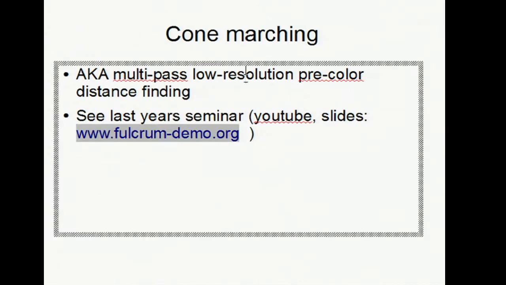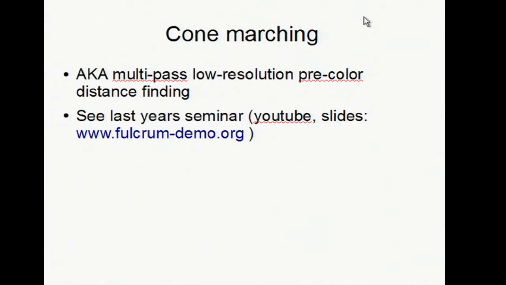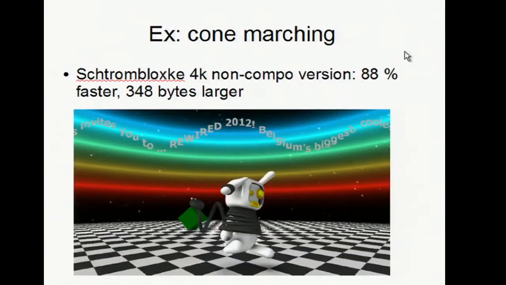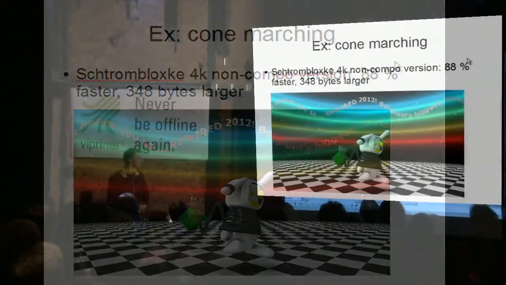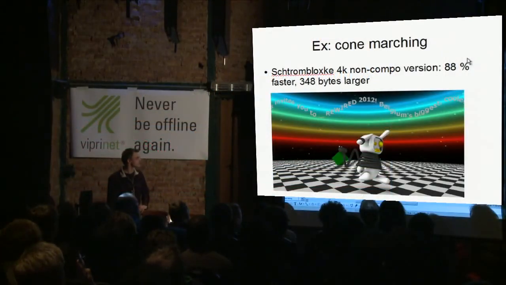My cone marching seminar from last year can be found on YouTube. There are slides. It's a kind of multi-pass, low-resolution pre-pass for distance finding. I made this invitation intro both in a 4K version and a non-compo version with cone marching.